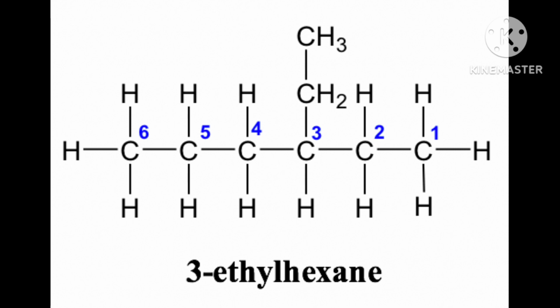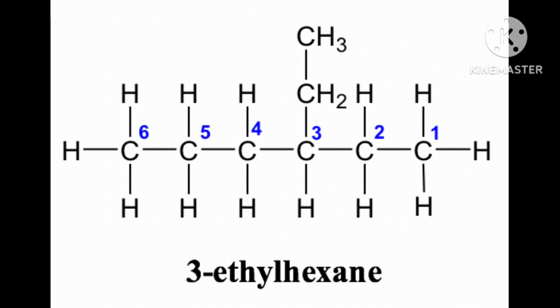IUPAC nomenclature. First, you write the possible isomers of the alkyl group. Second, you attach the OH group according to the direction, at different carbons of the alkyl group, because different isomers are there.